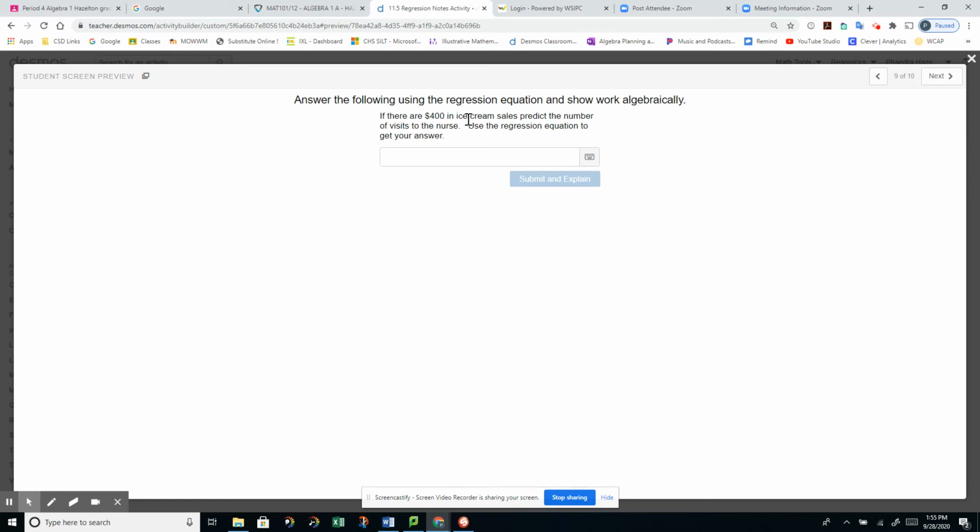Okay, so if there are $400 in ice cream sales, predict the number of visits. So what happens if there is $400? Whatever our equation was, y equals 0.27 times the number of ice cream sales, plus 12. In order to do this, I would have to say 0.27 times 400 plus 12.